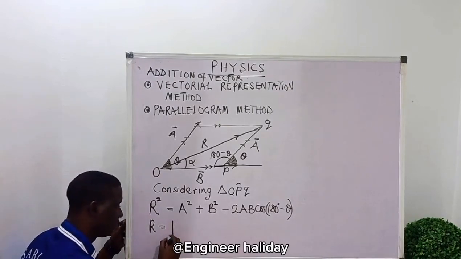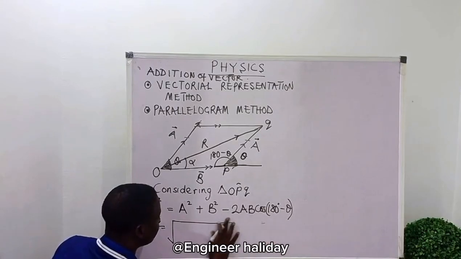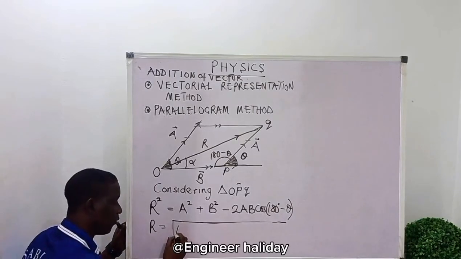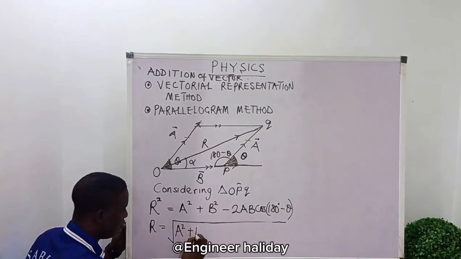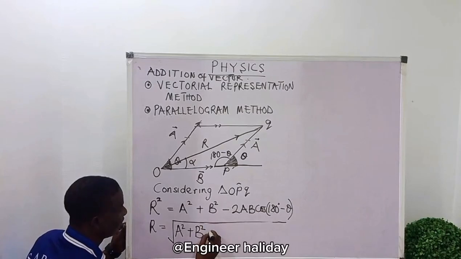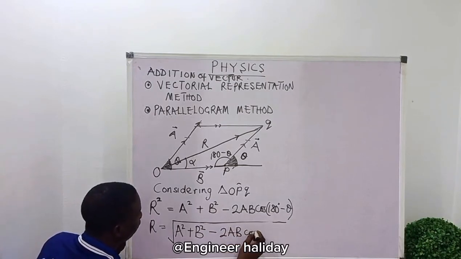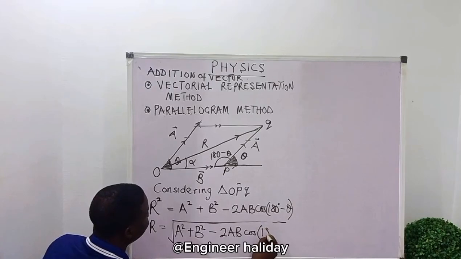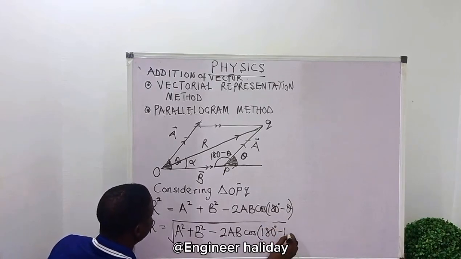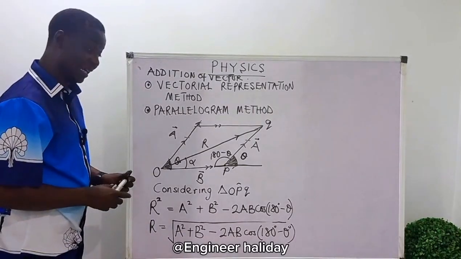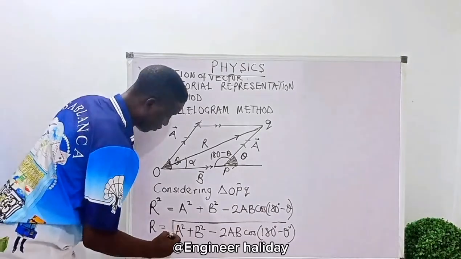We are going to have R equals the square root of A squared plus B squared minus 2AB cos(180 degrees minus theta). That will give us the resultant, the magnitude.